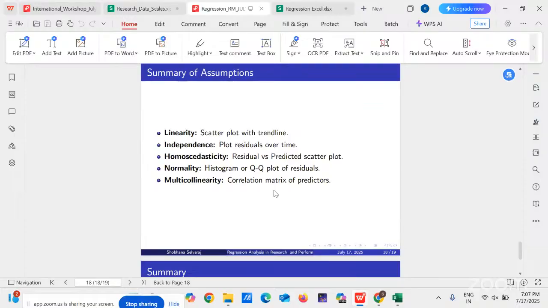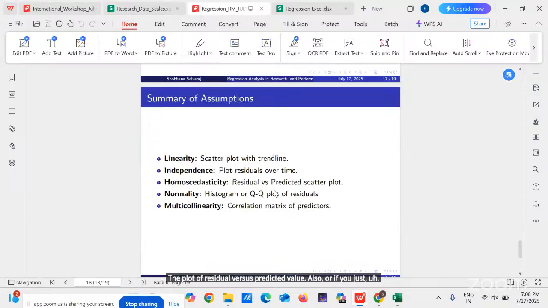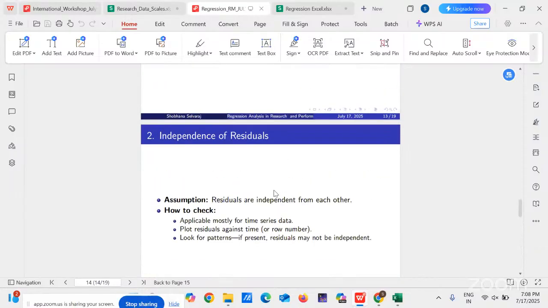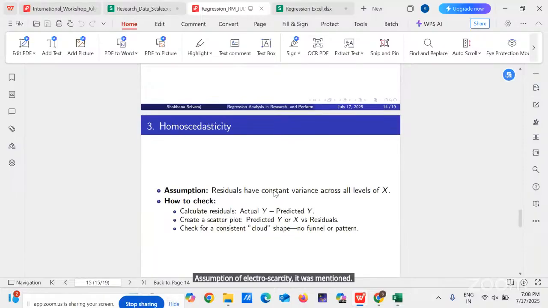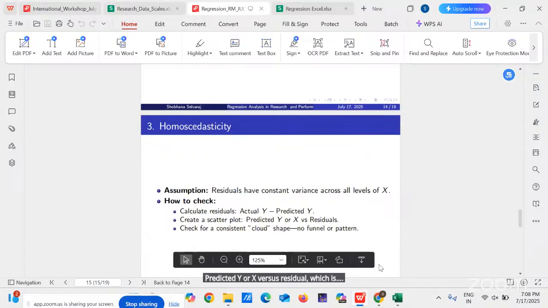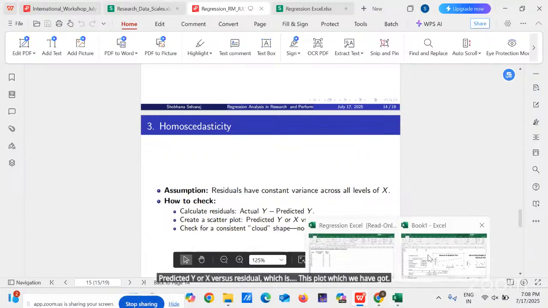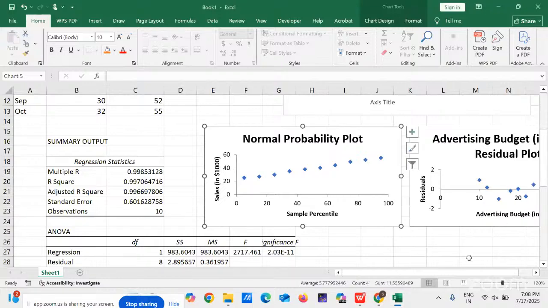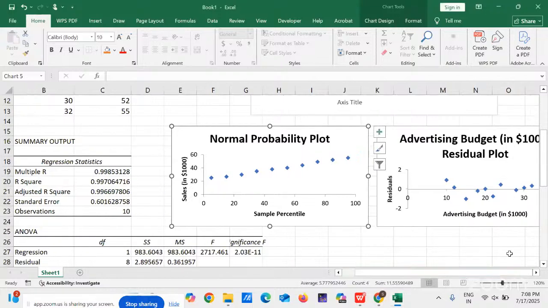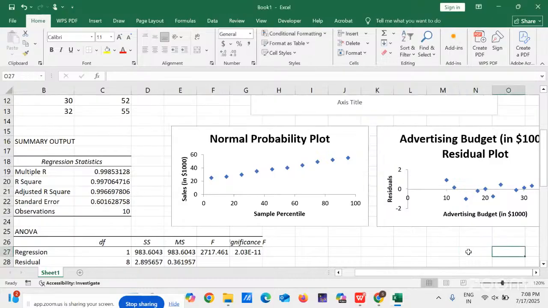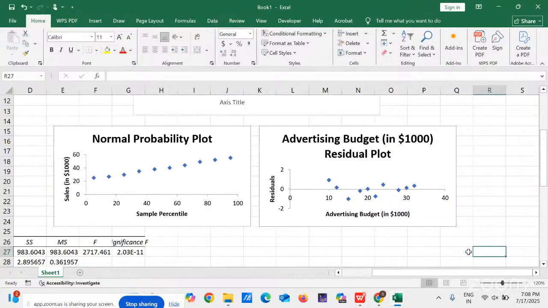Also, if you just see in this assumption of heteroscedasticity, it was mentioned we can create a scatter plot of predicted y or x versus residual, which is this plot which we have got. X versus residual. X is the advertising budget versus residual.